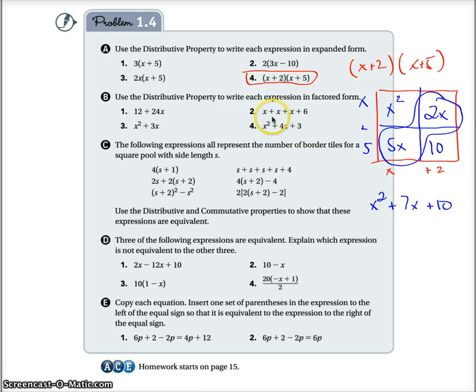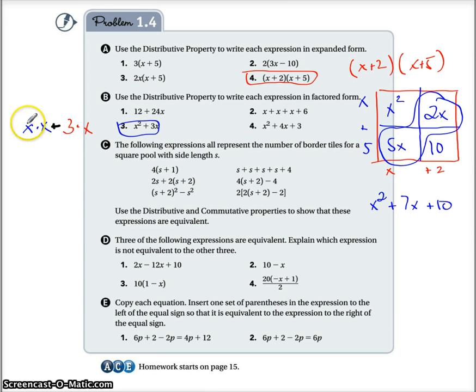For B, distributive property is going to go the opposite way. Let me pick one here for you. I'll do number 3. Okay, x squared plus 3x. I'm going to factor this out. X times x plus 3 times x. Well, what do they have in common? Well, this has an x, and let's do that in a different color. This one has an x. This is times x.